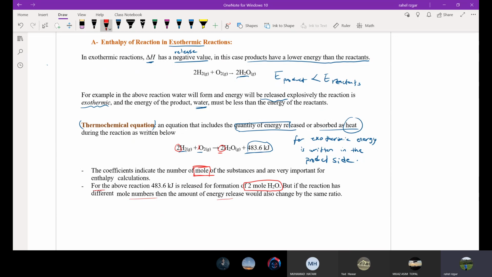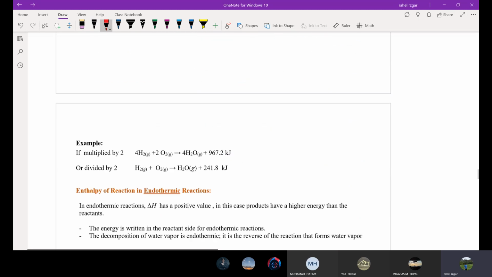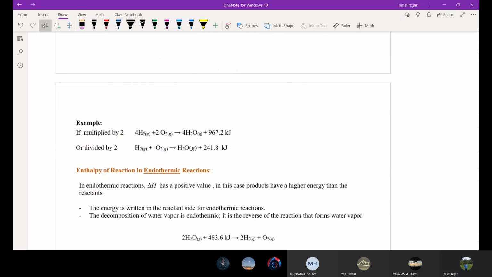Here is an example. For 2 mole, it's 483.6. What if we multiply the whole equation by 2? So instead of 2 mole of H2, we use 4 mole of H2. Instead of 1 mole of oxygen, we use 2 mole of oxygen. So H2O will become 4.